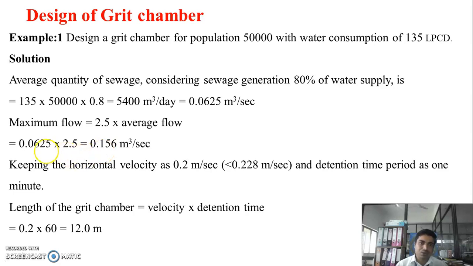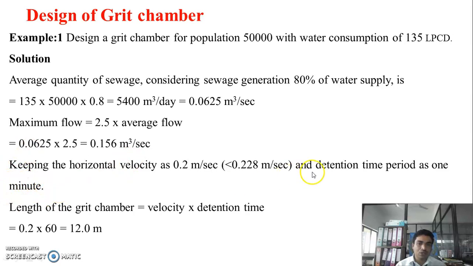Here we assume the horizontal velocity of flow through the grit chamber as 0.2 meter per second, and detention time as 1 minute. As I already told you, whenever we design a horizontal flow grit chamber, you should consider the detention time as 1 minute or 60 seconds, because in this problem the detention time is not given.